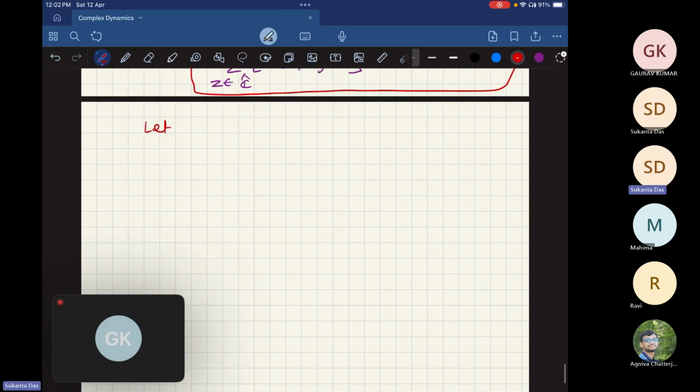Now let the set E, that is the set of all exceptional points, say there are more than 2 points, or maybe you can take any finite number of points, k.